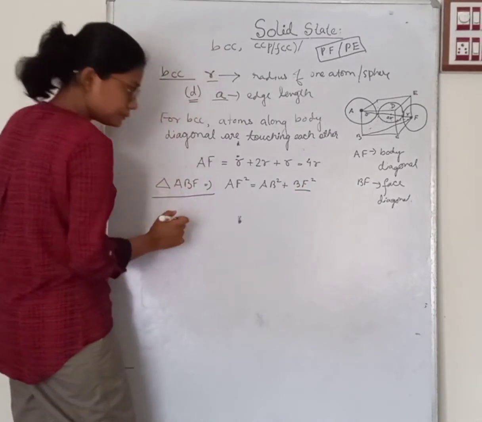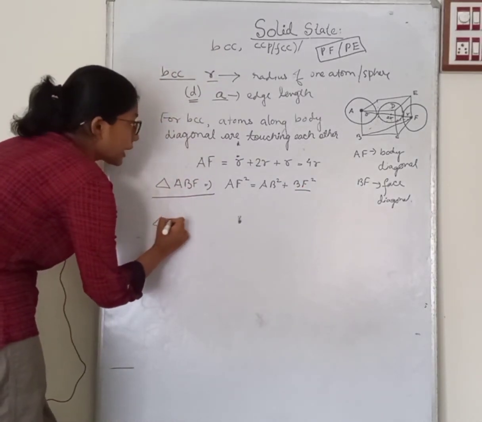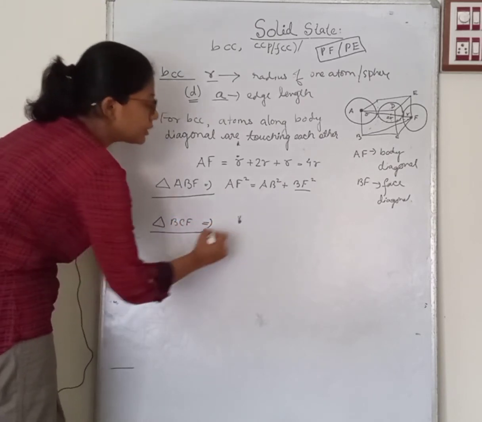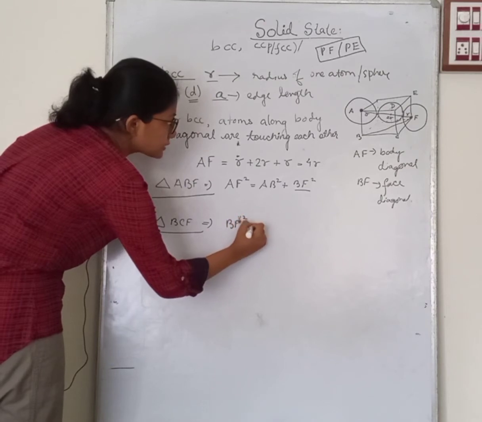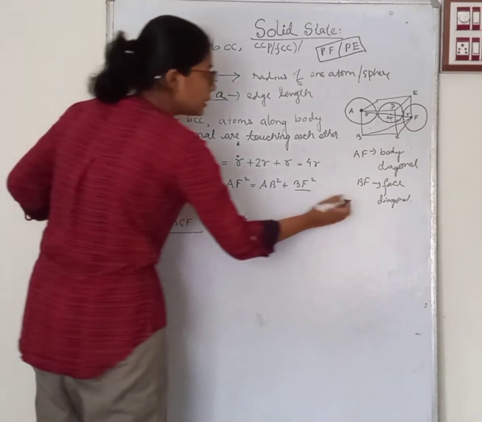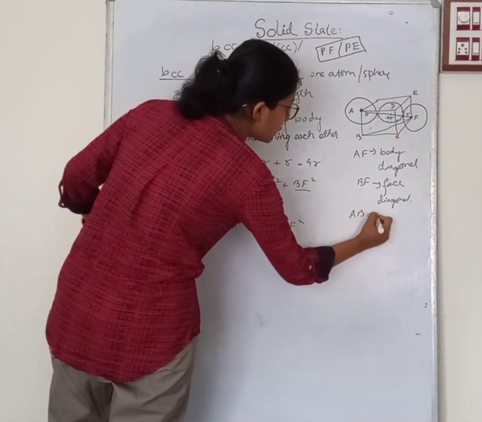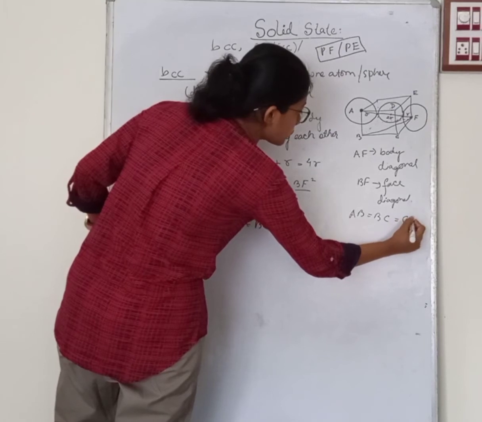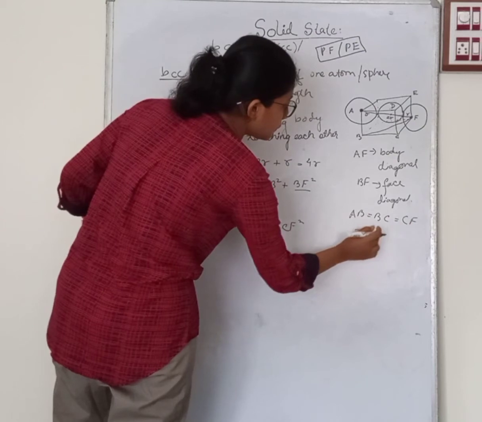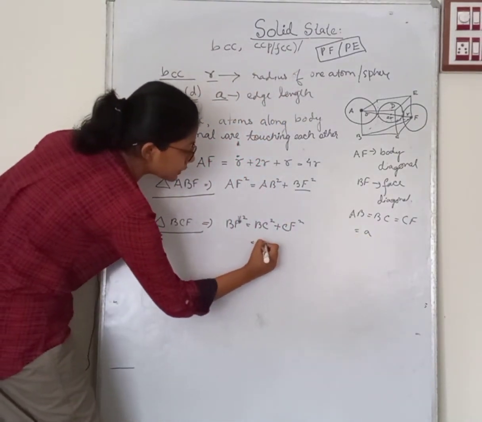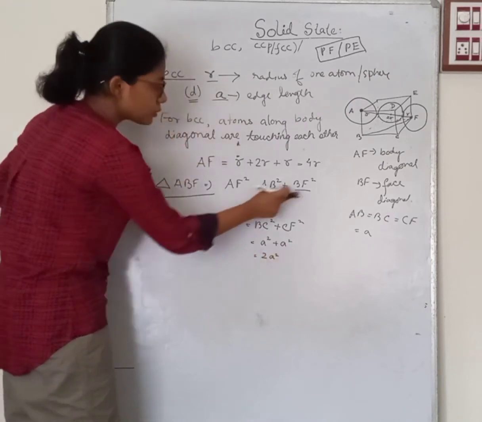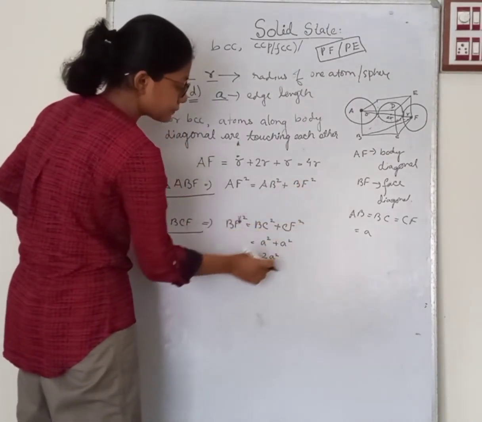For BF, from triangle BCF, which is again a right angle triangle, BF square is equal to BC square plus CF square. Now AB is equal to BC is equal to CF. All our edges are equal since it is cubic, so all will be equal to A. Therefore we have A square plus A square, which is twice A square. So BF square is nothing but twice A square.